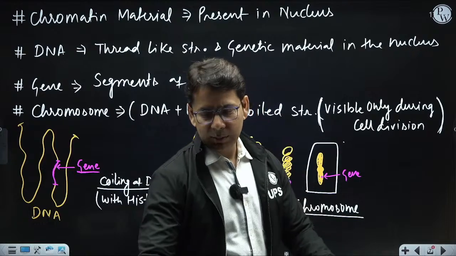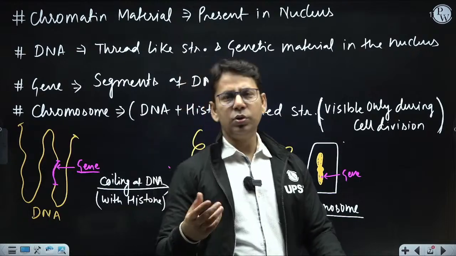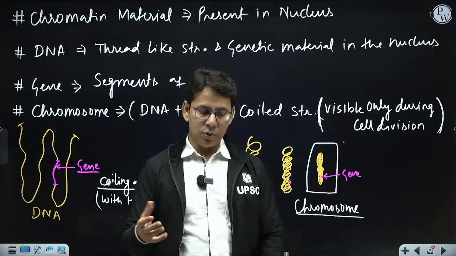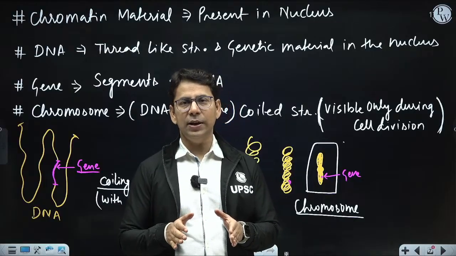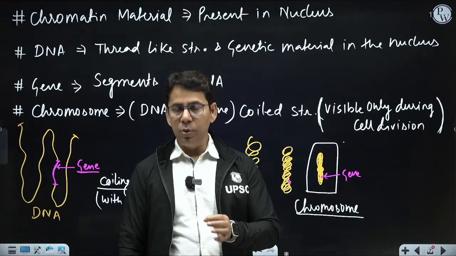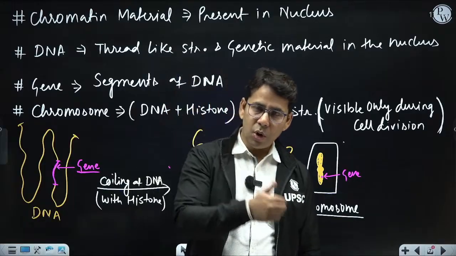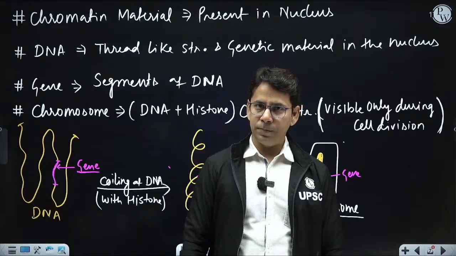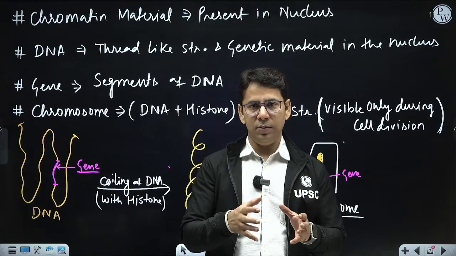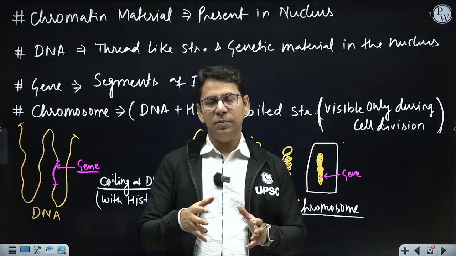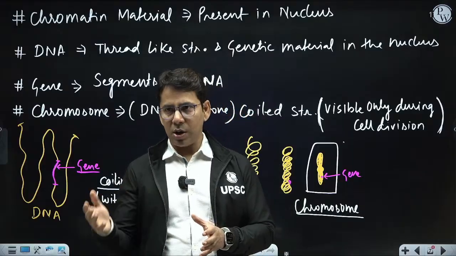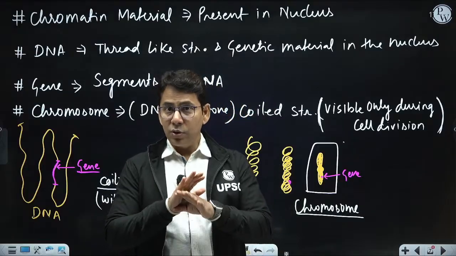So gene is something that we use in a very literal sense. Let me explain it once again. If your eye is blue and your father's eye is blue, then you got the gene from your father. But if father is a doctor and the daughter or son is also a doctor, then it's not gene.